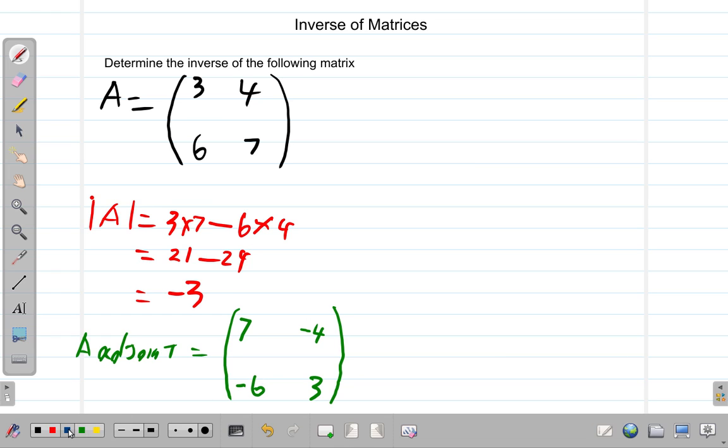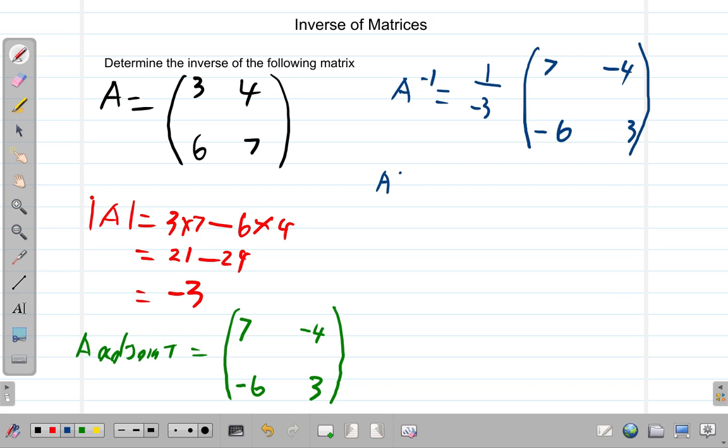Now the inverse. To get the inverse of A, you say A inverse equals 1 divided by the determinant, which is -3, multiplied by the adjoint: 7, -4, -6, 3.